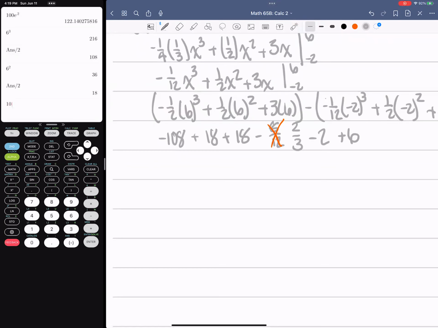Let's see, we have 108 plus 18 plus 18 minus 2 plus 6. 148 minus 2 over 3. So times 3 minus 2. 442 over 3. Let's divide it by 3 and see what we get.